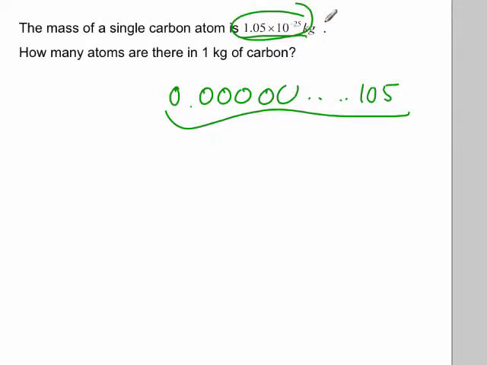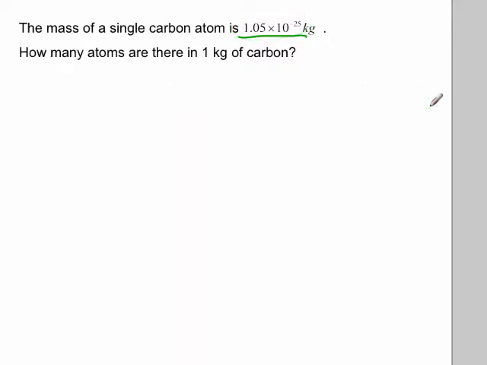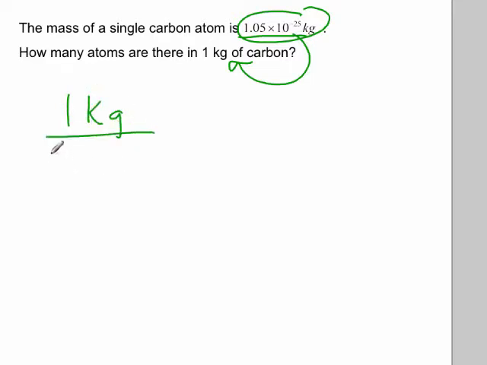That's what 1.05 times 10 to the negative 25 is, a very small mass. And we want to know how many atoms there are in 1 kilogram of atoms. So we need to know how many of these will fit into this. So this is a division question. We're going to need to go 1 kilogram divided by 1.05 times 10 to the negative 25 kg.